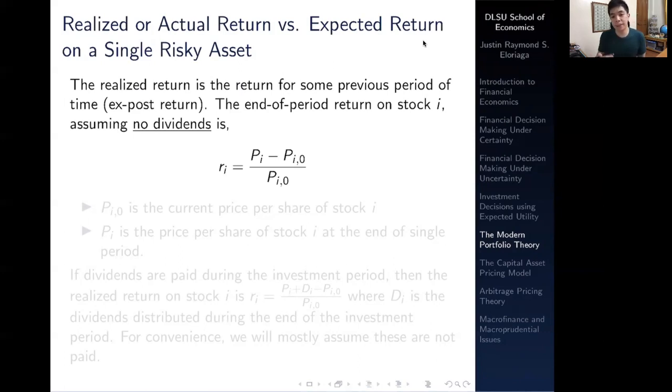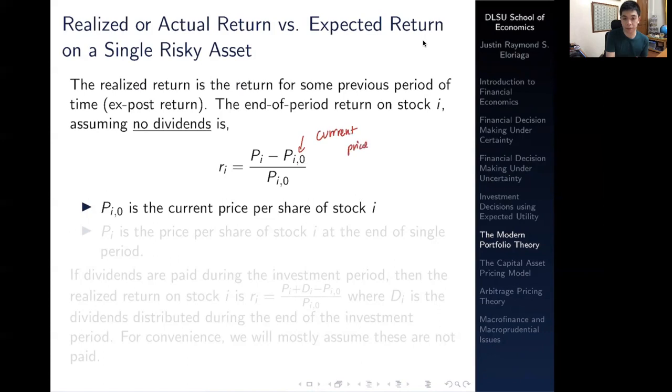We define the end of period return on a particular stock I, assuming that there are no dividends. So in most examples throughout the modern portfolio theory, we'll assume no dividends. And PI naught is your current price per share. Then you have here PI, your end of single period price, and you get the return, which is RI, right?